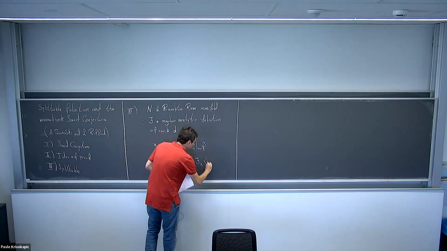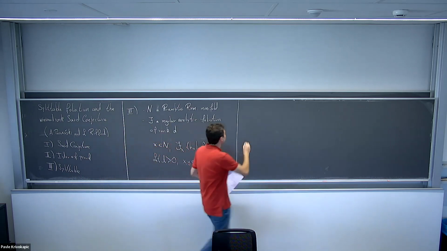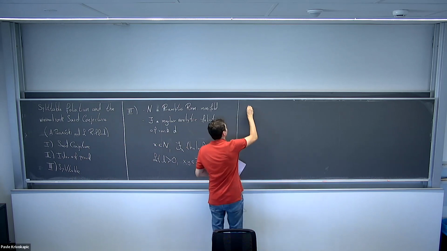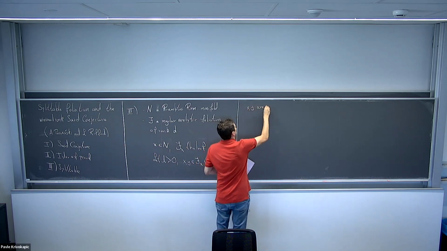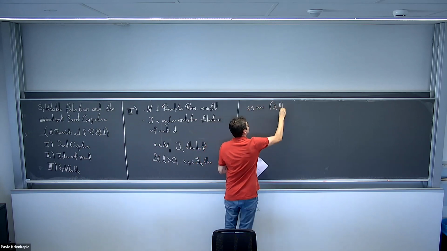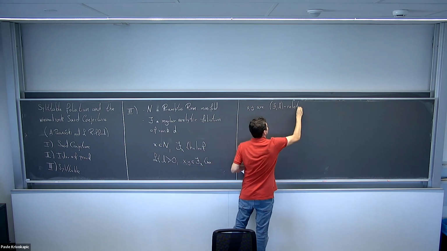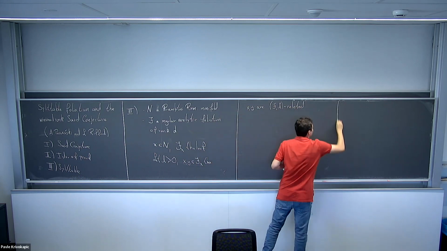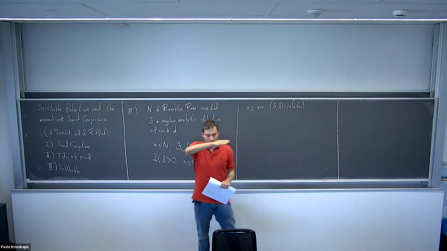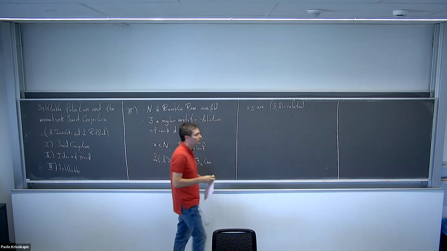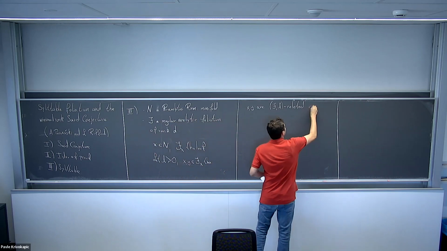Then I'm going to say that they are L-related. So x, y are F_L-related if their distance through the leaf is smaller or equal to L. What does this mean?